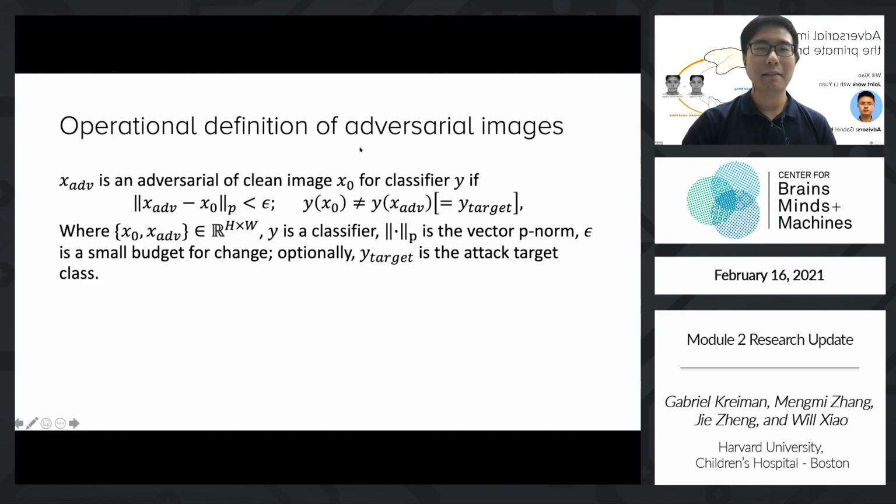So to talk about adversarial images for primates, including humans, I want to use the following definition. I define an adversarial image relative to a clean image, which is a natural image that can be unambiguously classified. Then the adversarial image must be minimally different from the clean image, but results in a different classification. I want to unpack this a little more because this is pretty counterintuitive and contradicts some popular definitions of adversarial images.